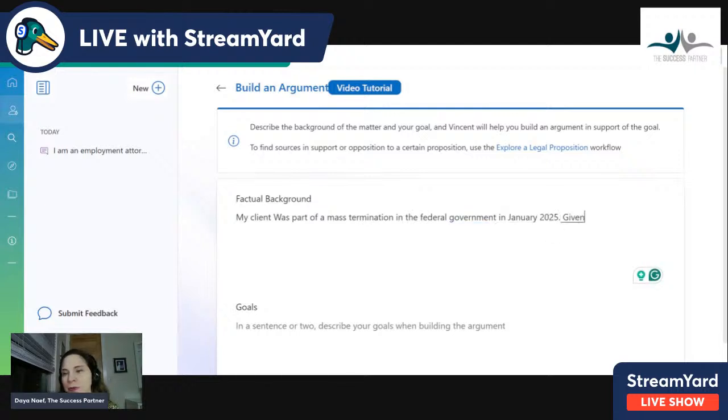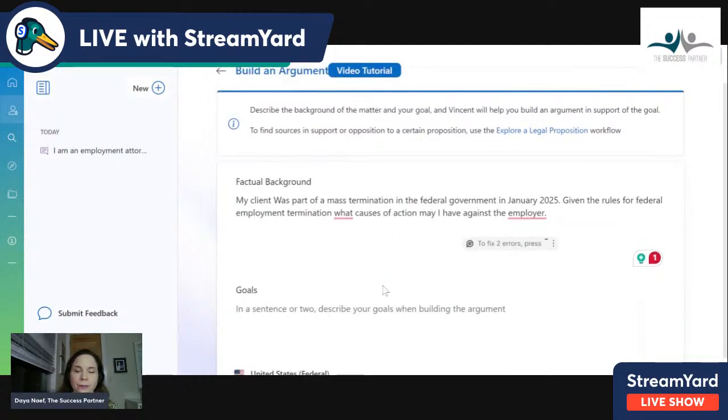Given the rules for federal employment termination, what causes of action may I have against the employer? The goals are to make the best possible cause of action in the situation based on relevant statute and case law.